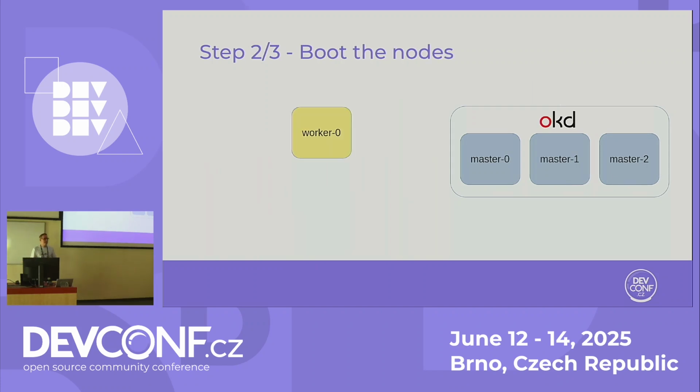The second step, assuming you have a worker instance somewhere in your environment, which of course is still outside, it's just a simple node outside the cluster, is to boot the node with the ISO that we previously created. As I said, at this point, everything goes on automatically.